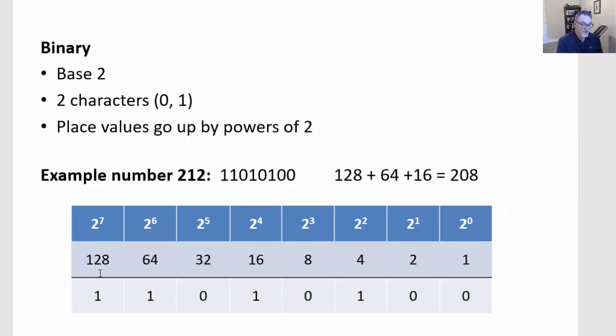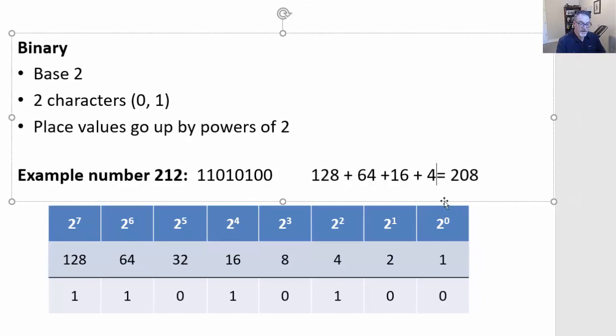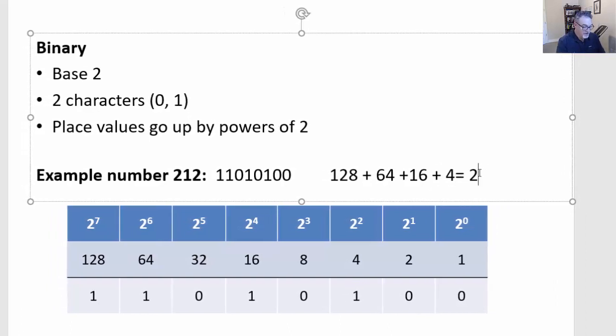So that's right. 128 plus 64 is 192, plus 16 is 208. So I have 208 now. I'm only 4 away from 212. So I don't need an 8, I need a 4, right? Because 208 plus 4 gives me 212.